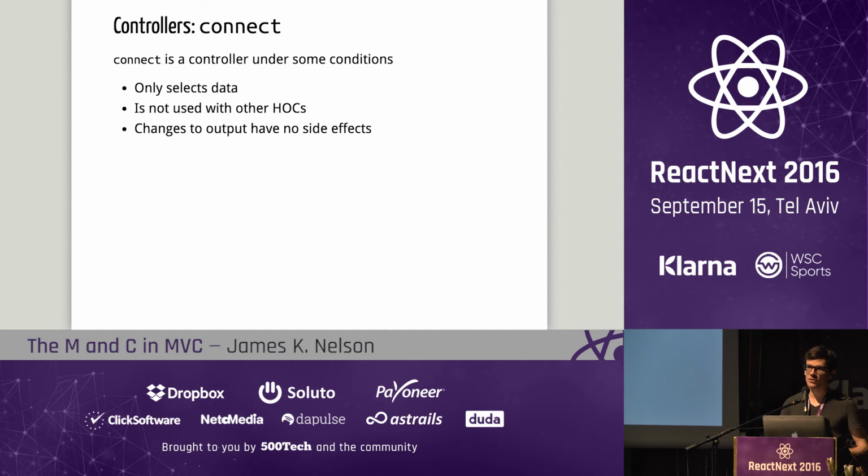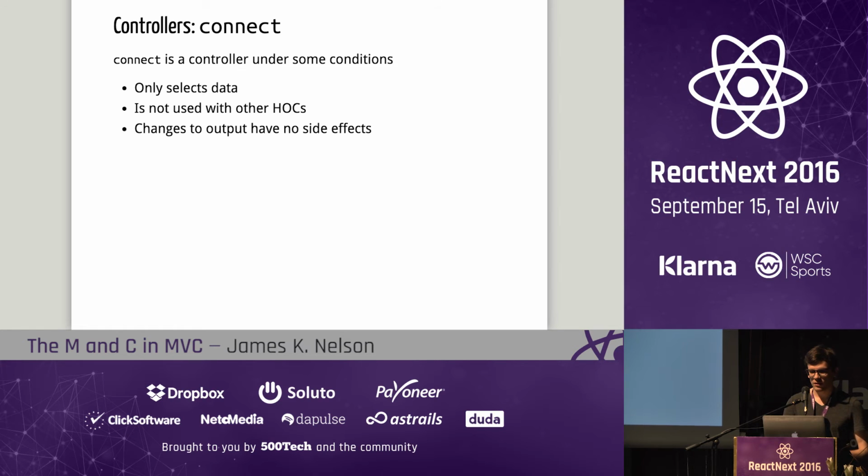So if all you want to do is select data from the invoice store, or any store, and you don't want to actually fetch any data if it doesn't exist, you don't want to cause any other side effects other than rendering something, then Connect is a really good controller. It's just, you shouldn't use it when it does things other than just select some data from the store.